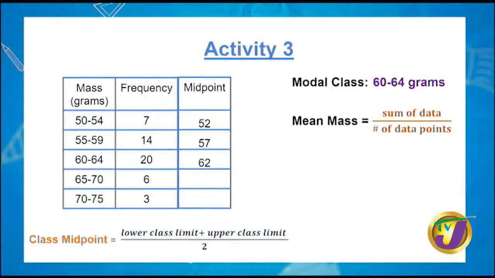I'm also seeing that the class intervals have a size of 5. Yes, the class width is also 5. So if our class width is 5, that means the difference between the midpoints is also 5.